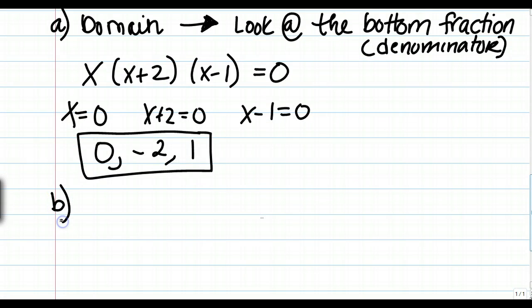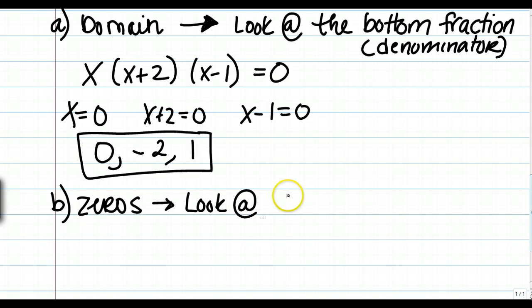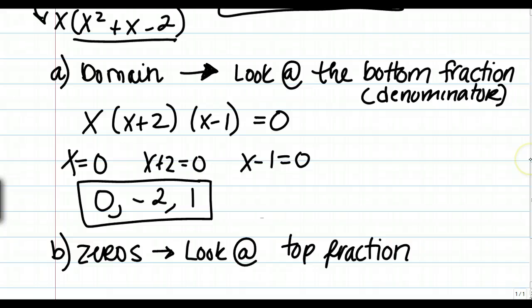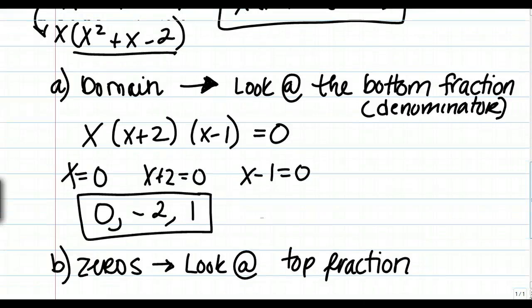You will also have to know for your final what zeros are and how to find them. So it's the opposite. You're going to look at the top part of the fraction for your zeros.